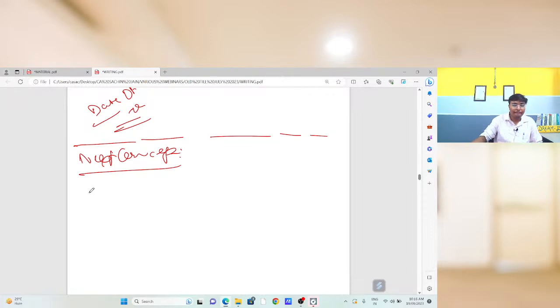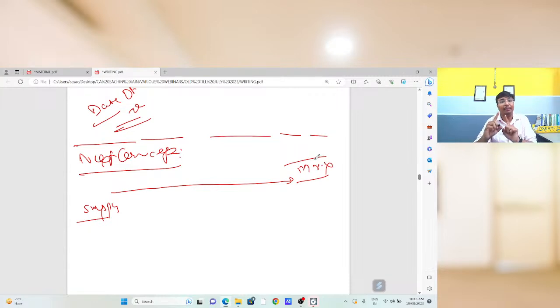Okay, now suppose I had made one supply of service, I gave some consultancy service. I am going to make the supply of my consultancy services to Mr. X. I told X that you need to make the payment of my consultancy fees within 1 month, and my consultancy fees is 1 lakh rupees.